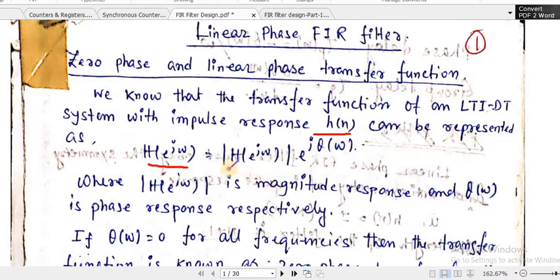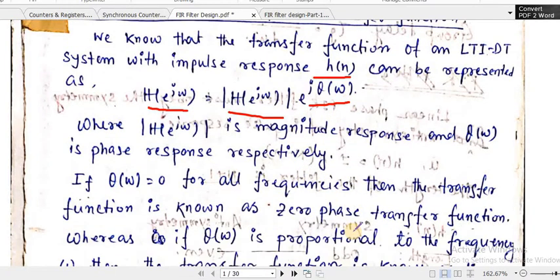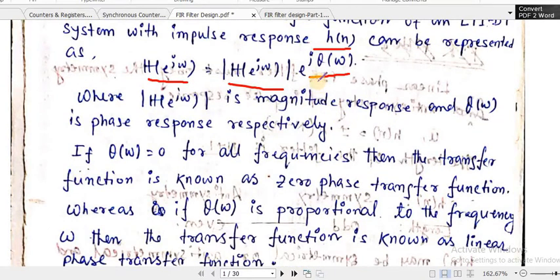This can be written as its magnitude response and its phase response. If this phase response is 0, then it will be a zero phase system. It means that if a signal is passed through this kind of system with zero phase, the output phase of the signal will not be affected by the phase response of the system. That is why this kind of system is called a zero phase system.